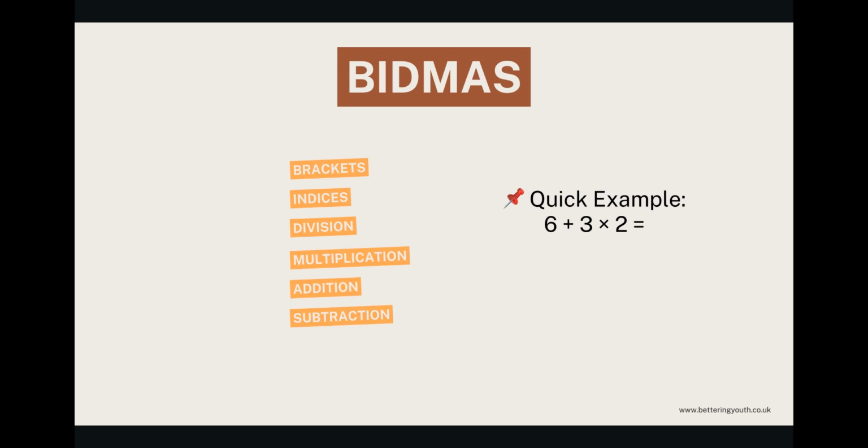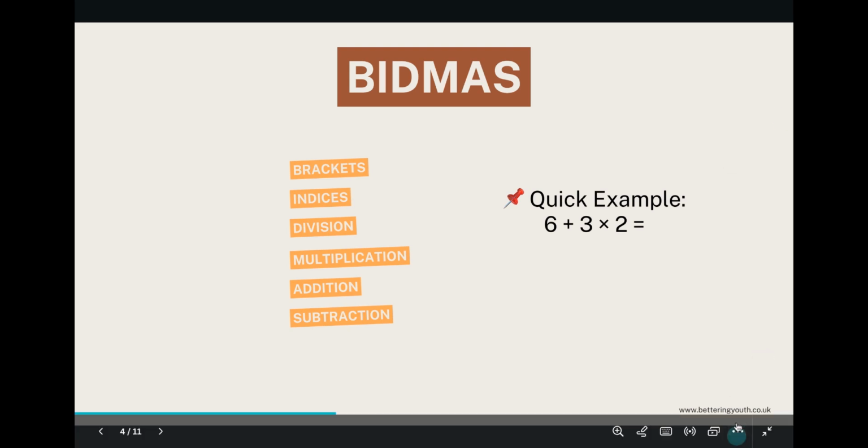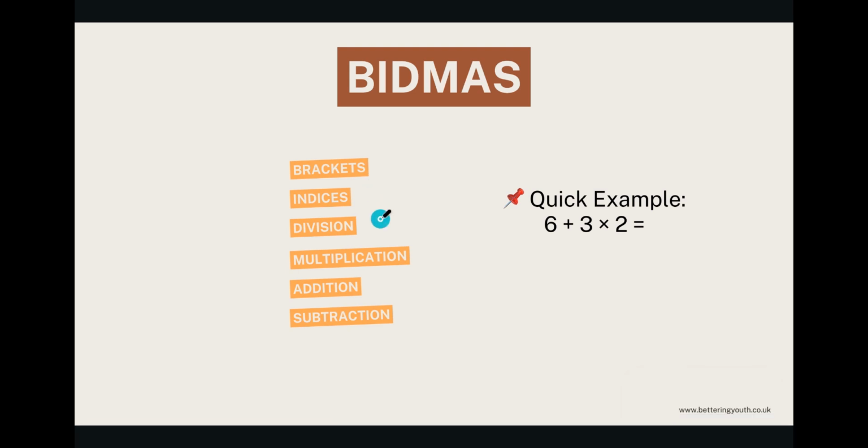As I mentioned, the acronym that we use to help us identify the order is known as BIDMAS. I also mentioned that there is something called BEDMAS as well. BIDMAS stands for brackets, indices, division, multiplication, addition, and subtraction.